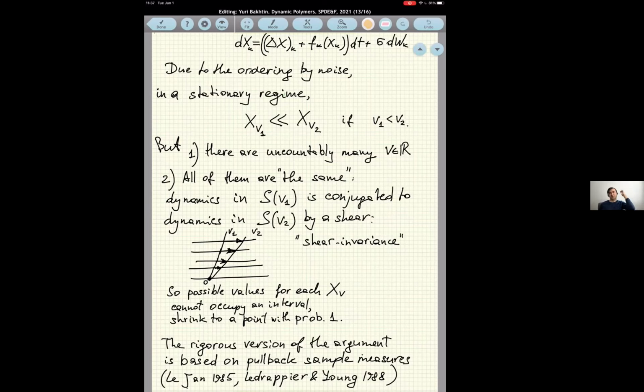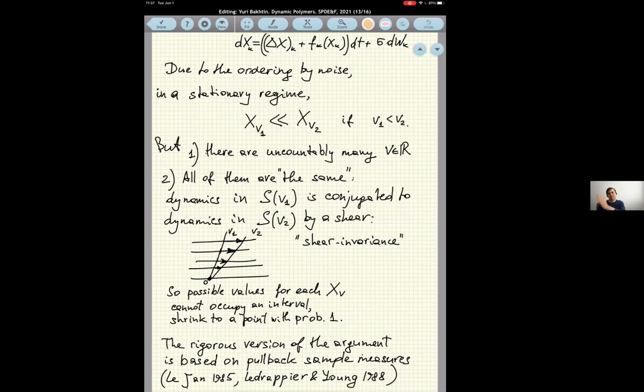If there is no external noise, these paths will just go downhill in the potential flow, and they will never get disentangled. But in the presence of noise, they eventually do. And so in the stationary regime, all these paths get ordered. I mean, you take two values of velocity or 100 of them, and if you wait long enough, and if you are in a stationary regime, they are all monotonized.